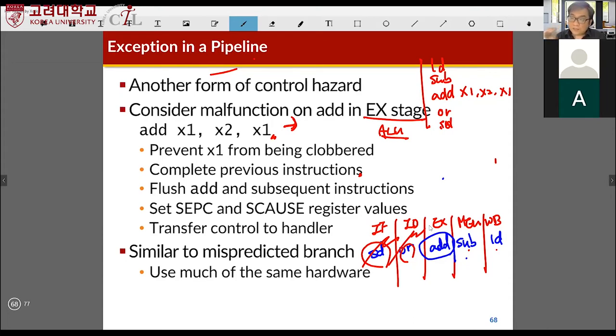For the branch instruction, we already implemented how to flush the instructions in the pipeline stages. So we can implement this flush mechanism in the pipeline stages, and then the exception is handled.